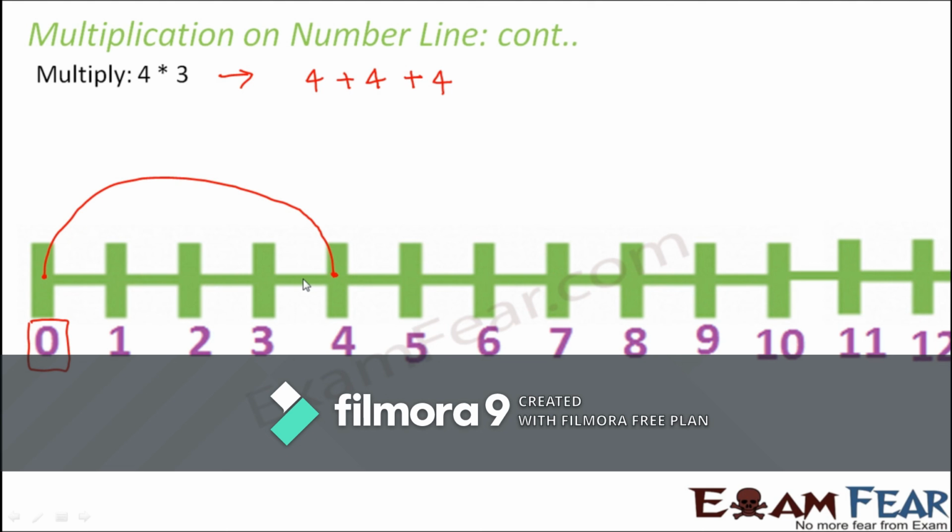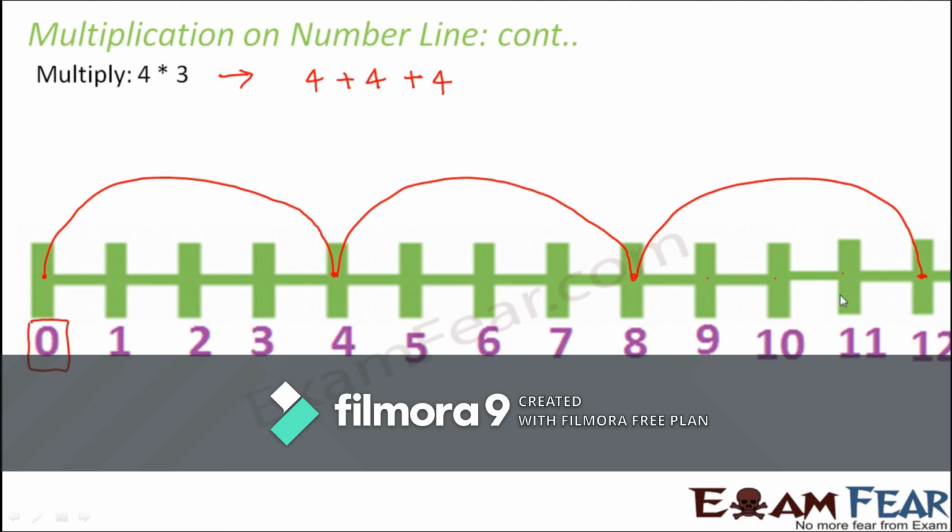Now this is just one time that we added 4. Now we have to add 4 how many times? 3 times. Let's add 4 a second time. That is 1, 2, 3, 4. So basically we will reach here. So 4 is added 2 times. Now the third time is left. Again 1, 2, 3, 4.